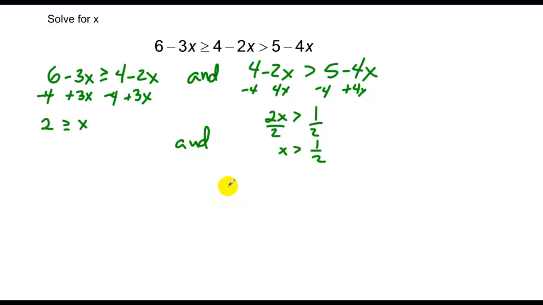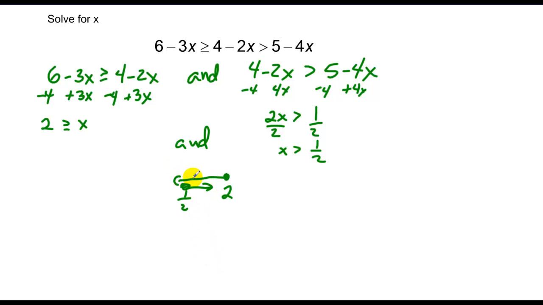So here's my 2, closed circle because it's included, arrow going this way. Here's a half, open circle, going this way.